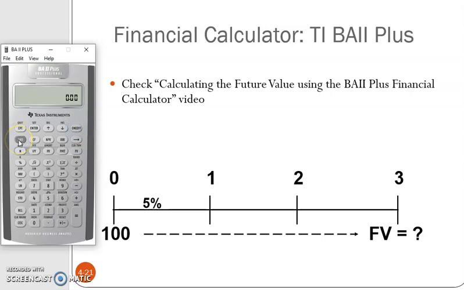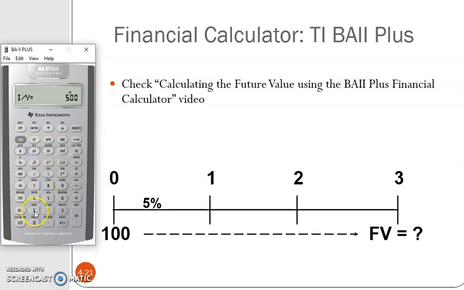So I'm going to start again: second FV, second clear, start on a clean slate. N equal to 3, so I put in 3 and then hit N, setting N equal to 3. I/Y equal to 5%, so 5 I/Y.